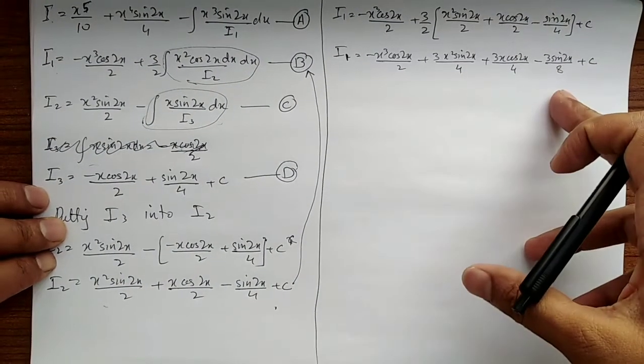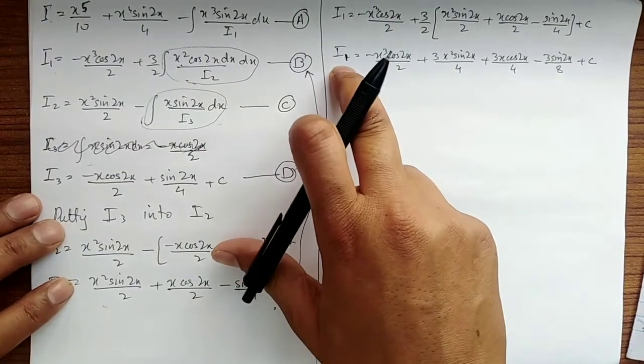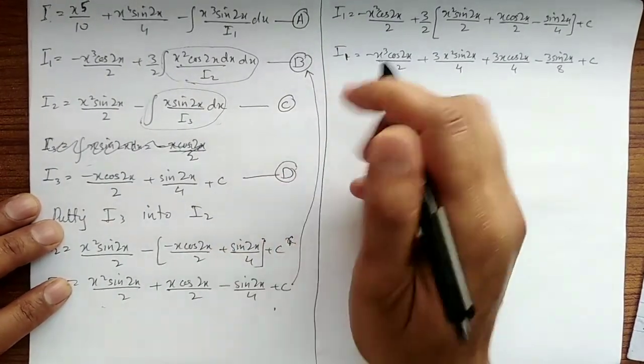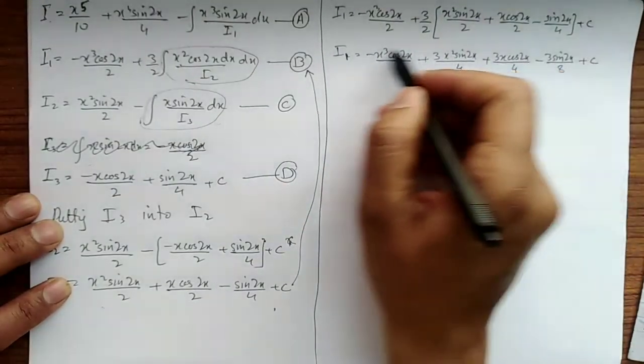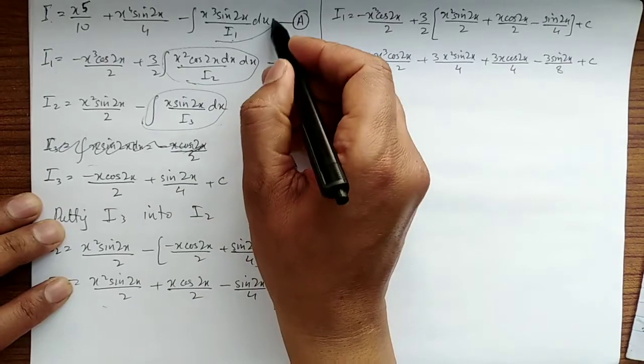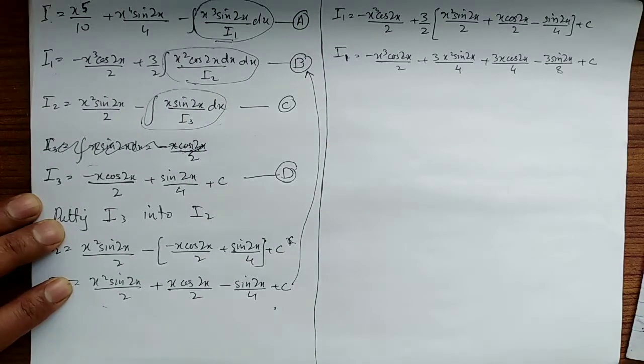This is the sentence we got, which is the final value of I1, and after getting this part we are going to substitute this whole sentence into I, which will give us the final answer.